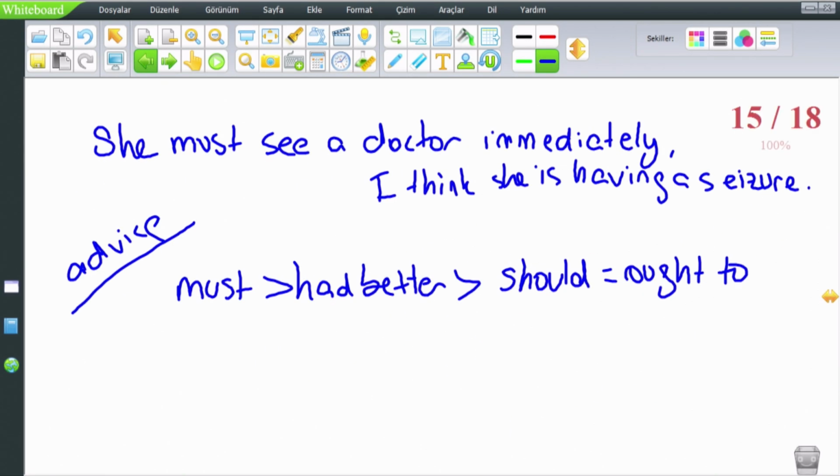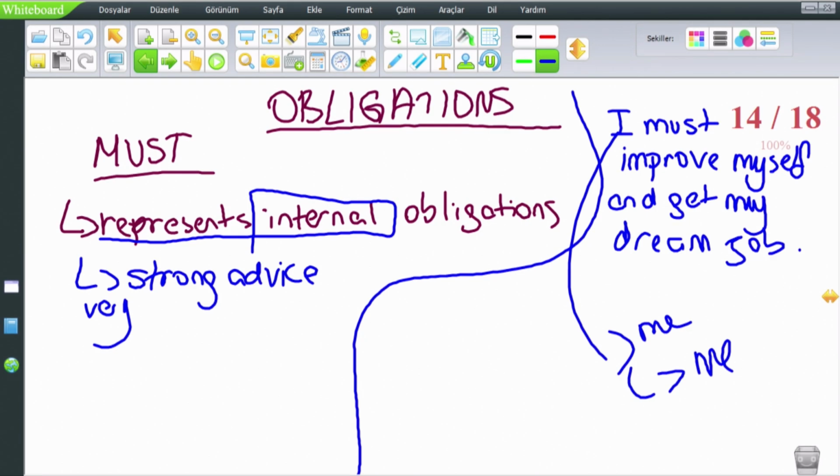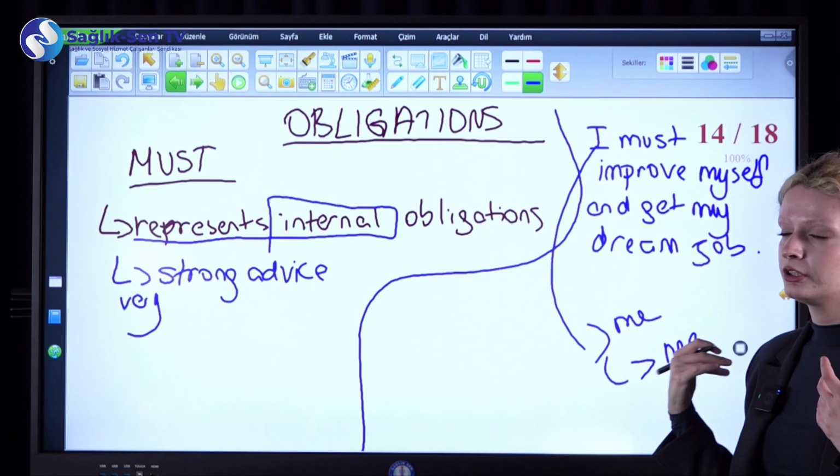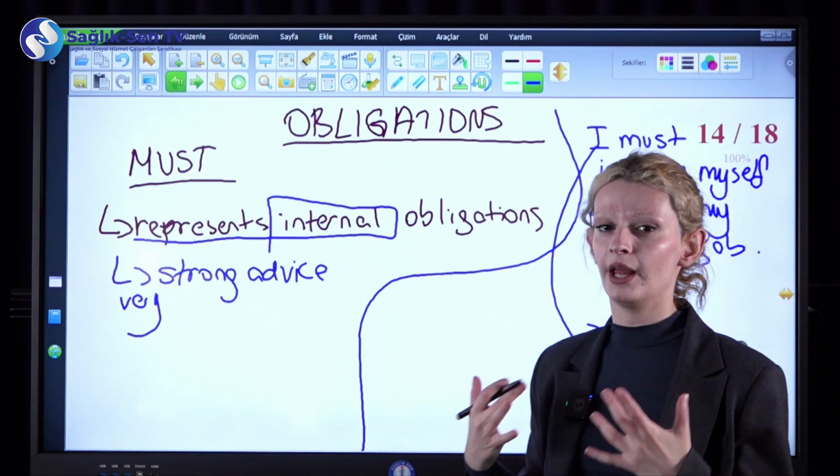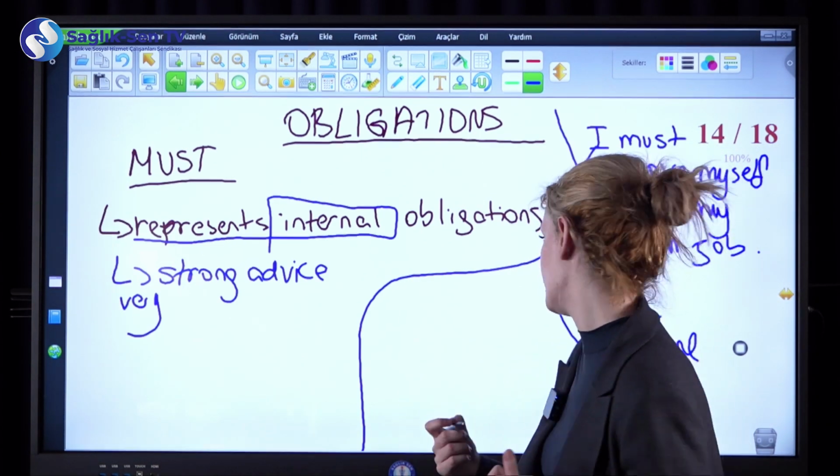Now, let's look at obligation modal verbs from the beginning. We have talked about must, which is actually internal obligation, or we can use must to give strong advice. I must improve myself and get my dream job. You can understand from here that it's an internal obligation, a rule or an aim that I set for myself.